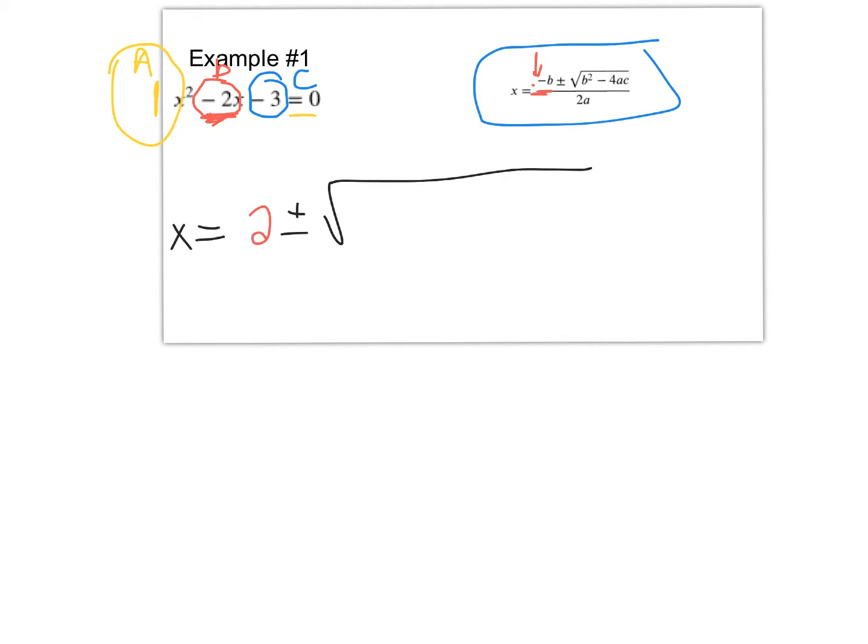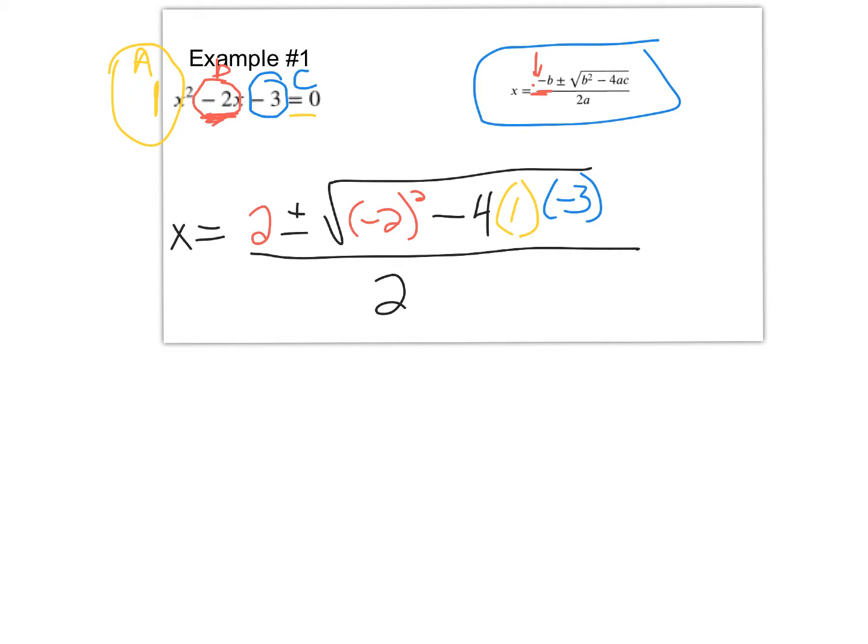Now b squared, we take negative 2 and square it, minus 4, and that's standard, that never changes in this equation, times my a value, which is 1, times my c value of negative 3, and that's all divided by 2 times my a value, which is 1. So there's our substitution of our a's, b's, and c's.